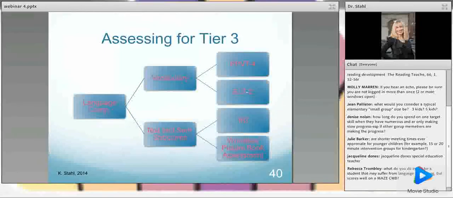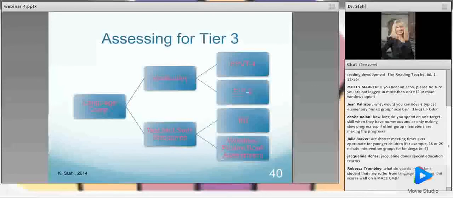What about language comprehension? Well, there are tests. Language comprehension incorporates vocabulary and also text and sentence structures. So where are you going to find out information about that? I would probably start with an informal reading inventory of some sort, and you must have an inventory that analyzes the idea units of a retelling.